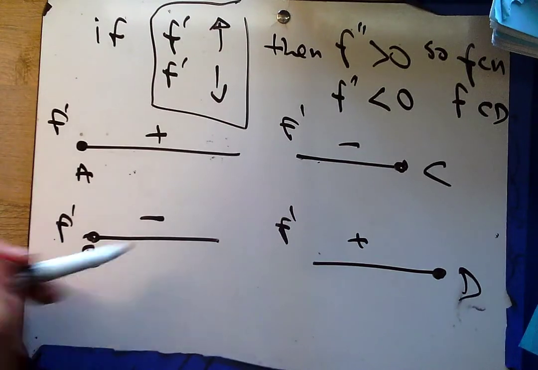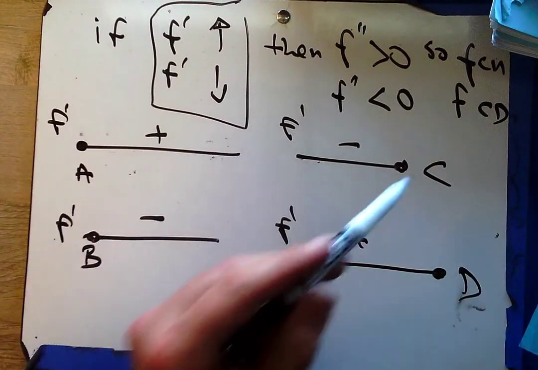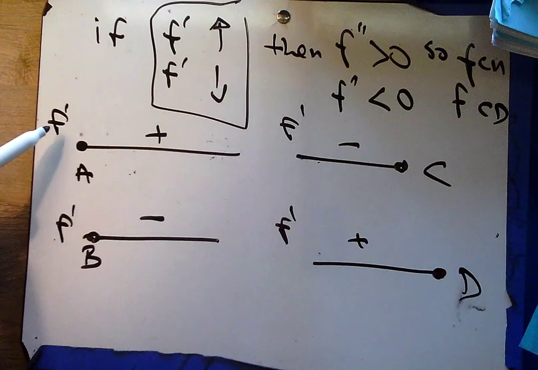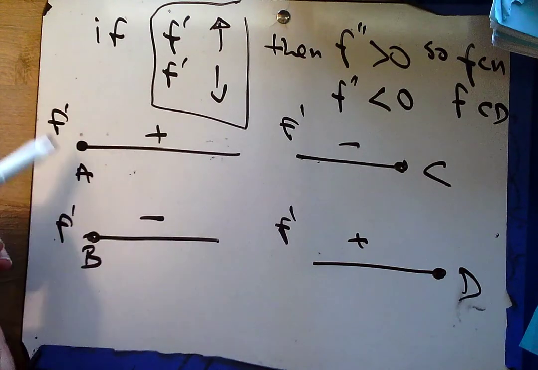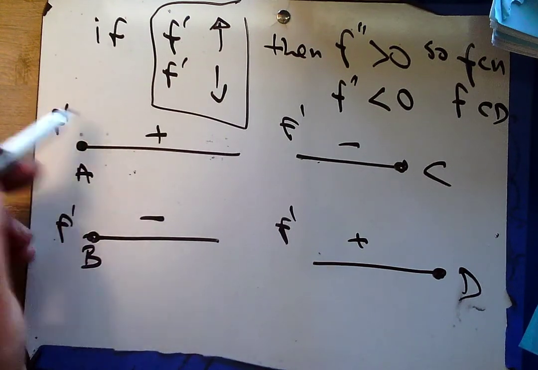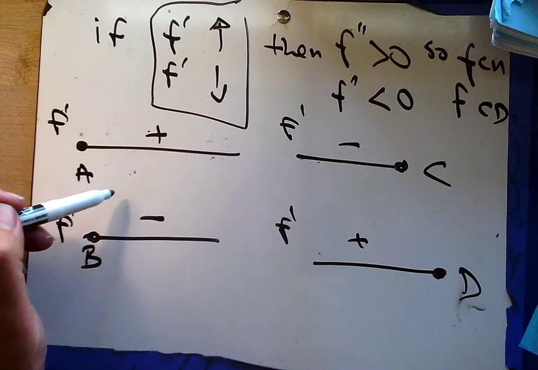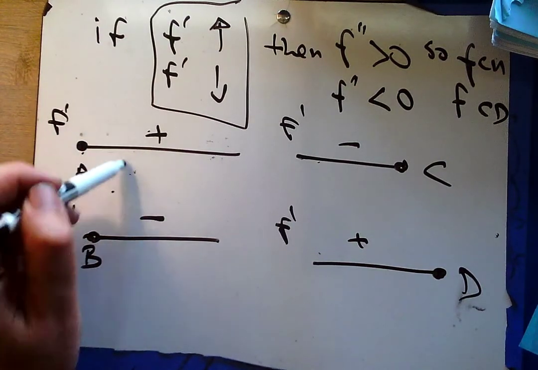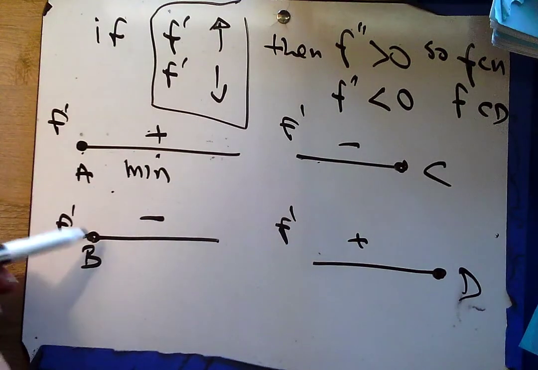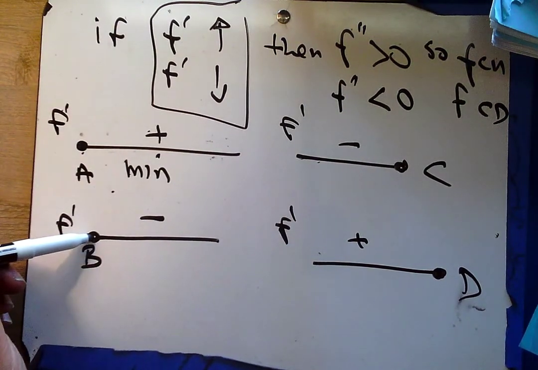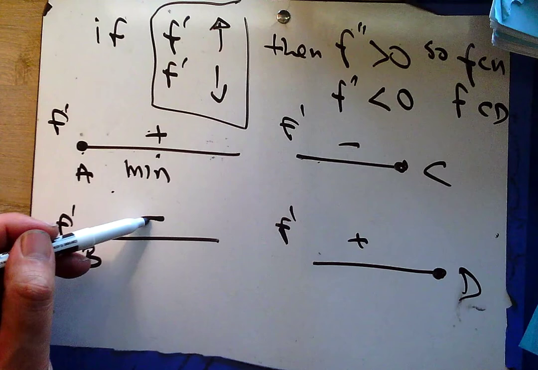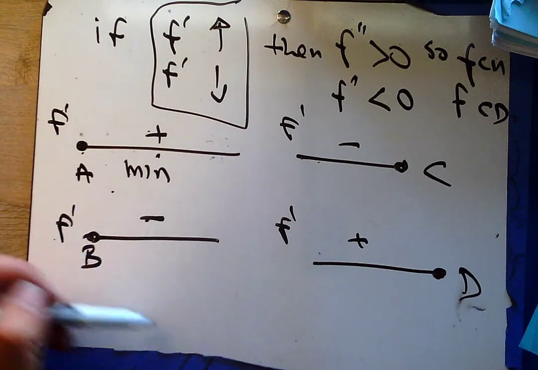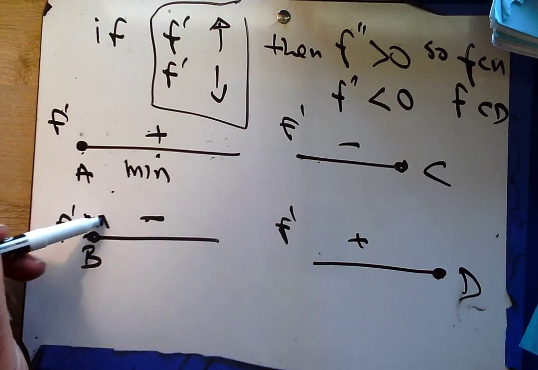Okay, so what do we know is going on at each of these points on f? So left endpoint, then f prime is positive. f must be going up from that point. So this is a min. Okay, I've got my endpoint, and then f is decreasing. So if f is decreasing, this must be a max.